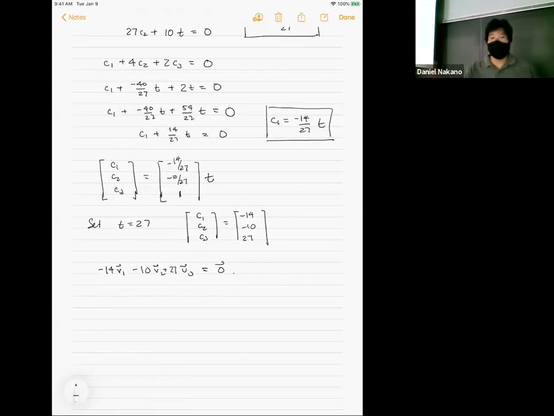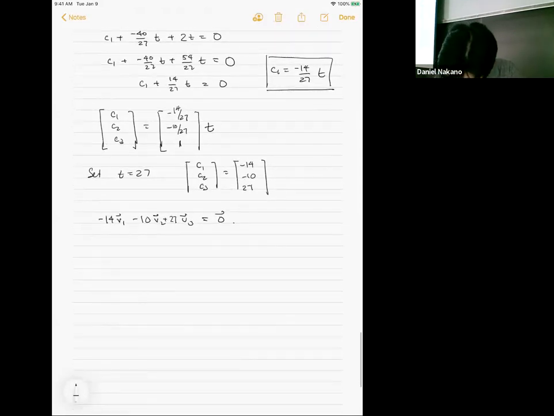All right, so now we're in business, right? We can just take any one of them and write it as a linear combination of the other two. So let's take V1 for example. That means that minus 14 V1 is equal to 10 V2 minus 27 V3. Then I just divide by 14. So V1 is equal to minus 10 over 14 V2 minus 27 over 14 V3.